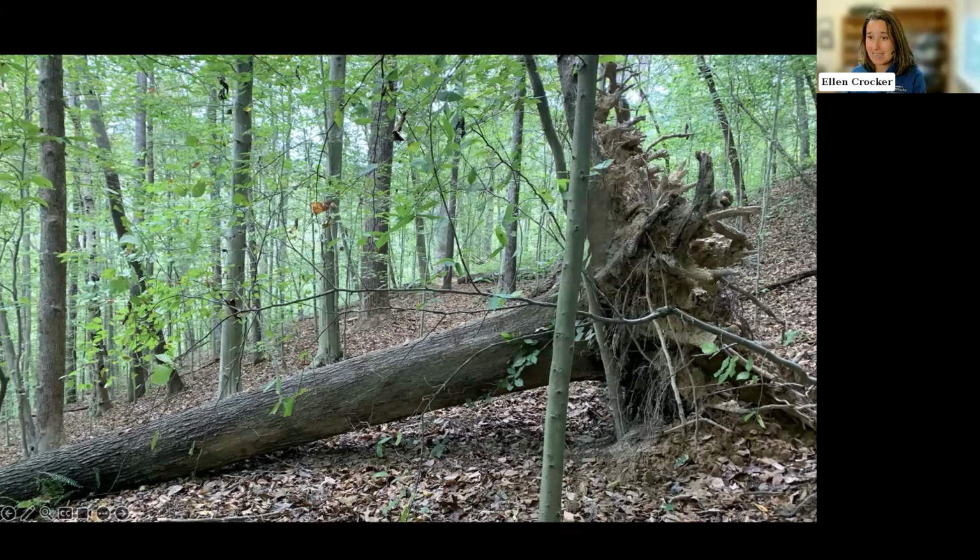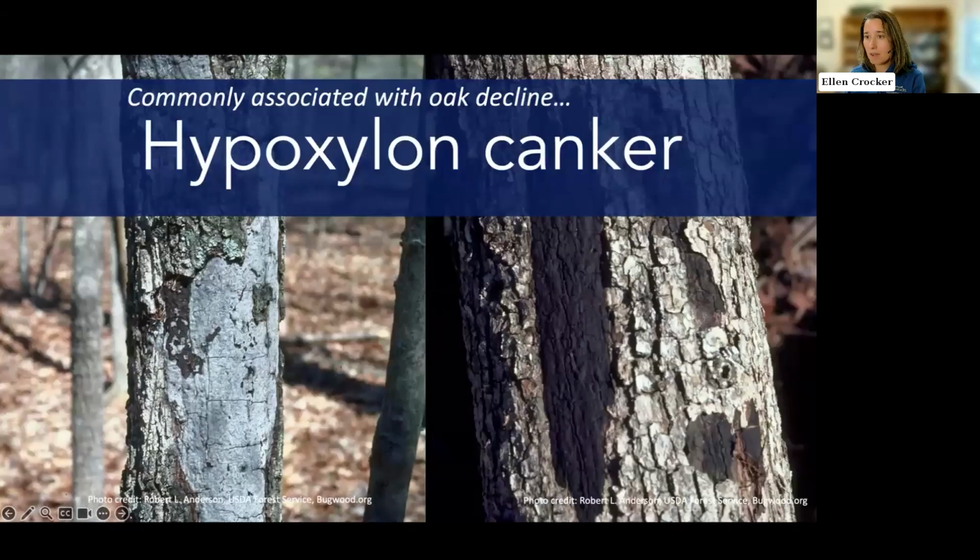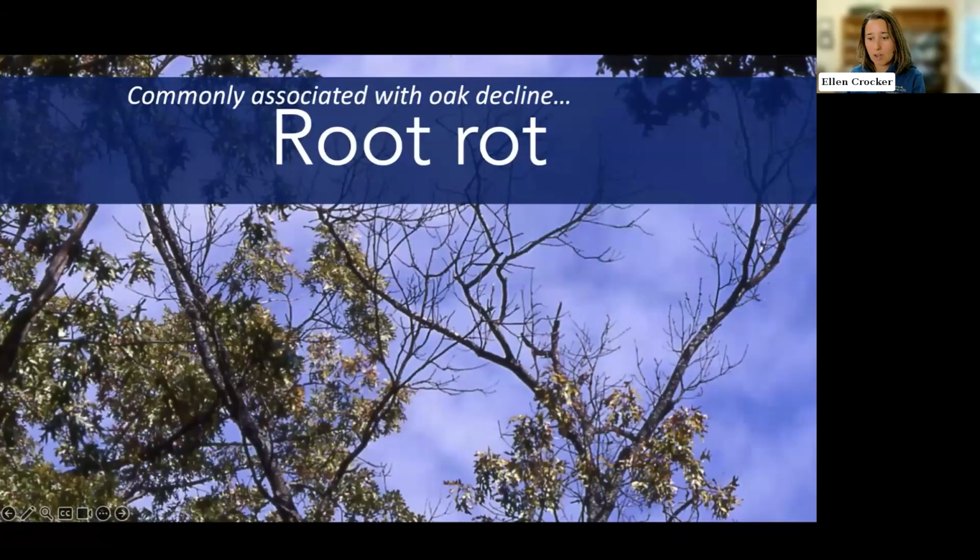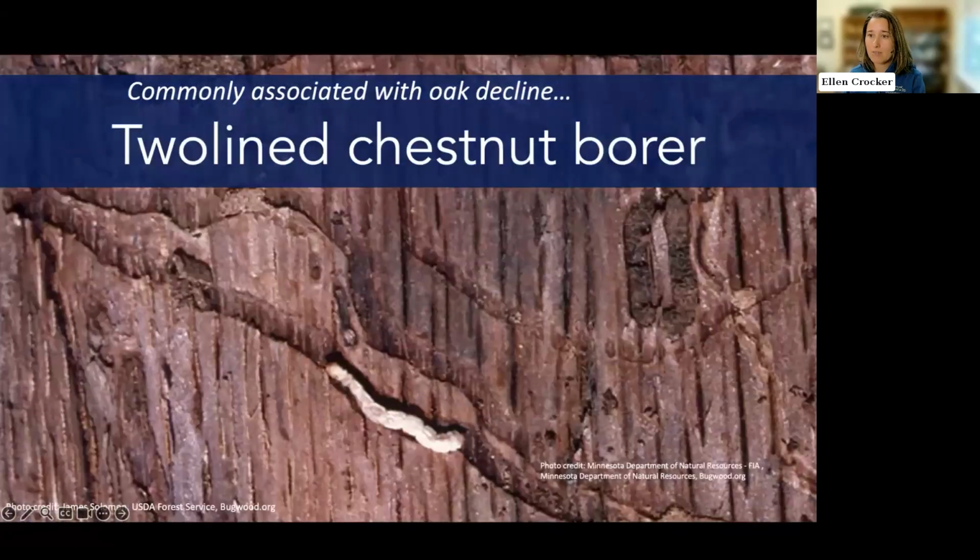And we have plenty of opportunistic issues that can move in on the tail end of these things, from the hypoxylon canker I mentioned before, the many different root rots that we have, or even insect issues like two-line chestnut borer and others that really take advantage of those stressed tree situations.